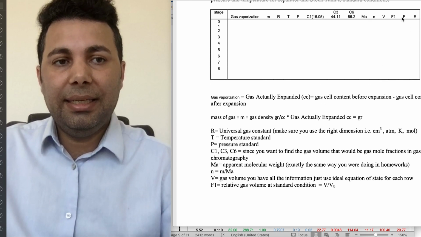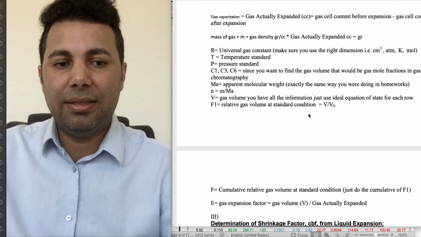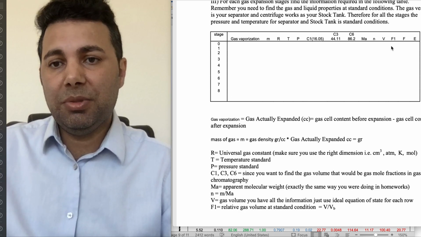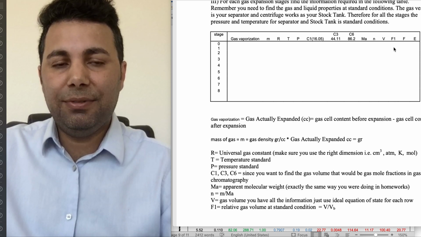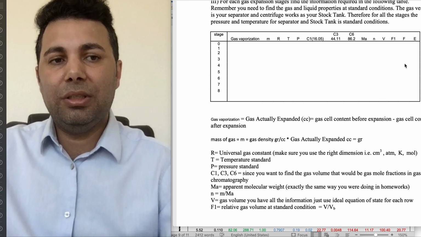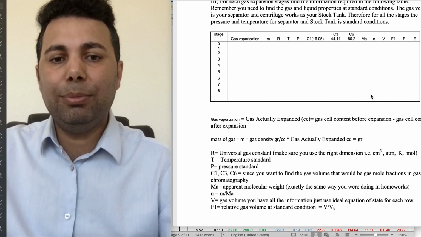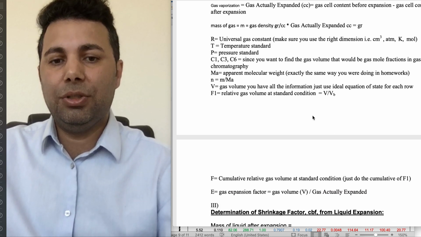So this is our F1, and then capital F is the cumulative relative volume of gas. For the first expansion, capital F becomes equal to F1. For the second expansion, it becomes F1 at the first gas expansion plus F1 at the second gas expansion. For the third gas expansion, it becomes F1 at the first plus the second plus the third. So the capital F is simply the cumulative relative gas volume measured.